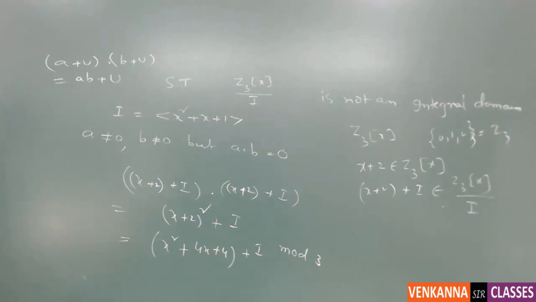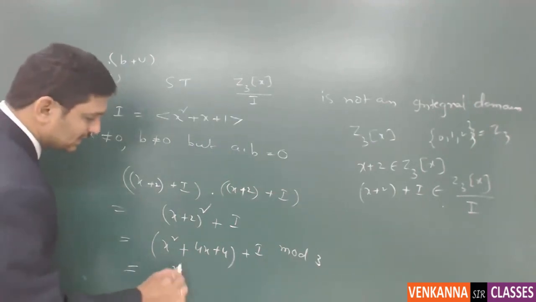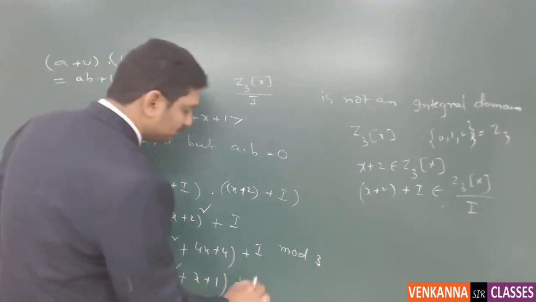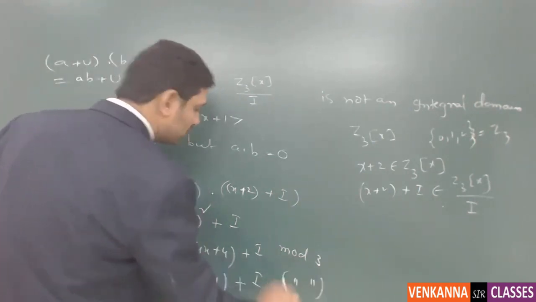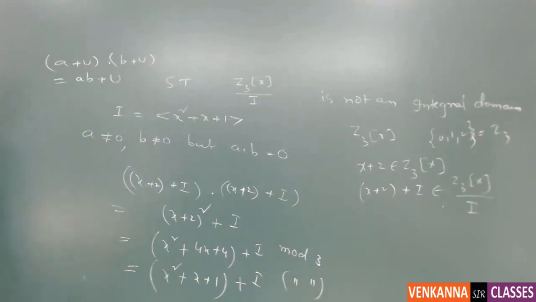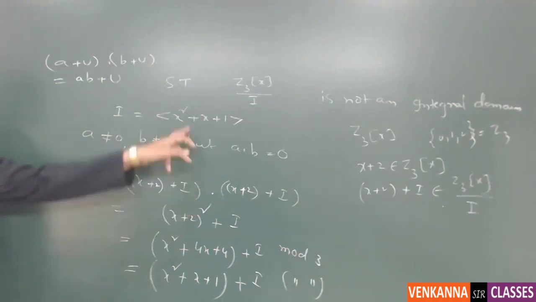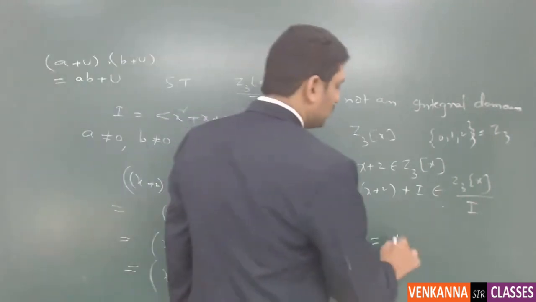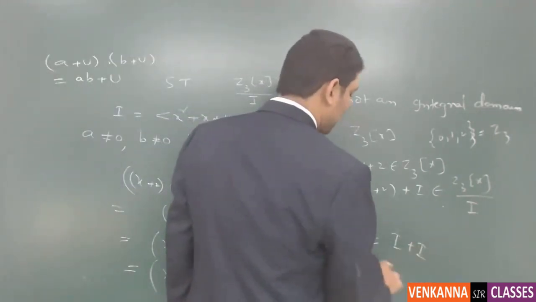What is meant by the modulo operation? While writing the polynomial, whenever a coefficient is equal to 3 or more than 3, we need to consider the remainder. So this is nothing but x square plus x plus 1 plus I under modulo 3. So this is nothing but I as per the given thing. So the result is I plus I, nothing but I.